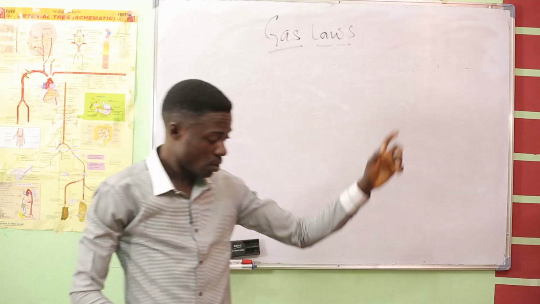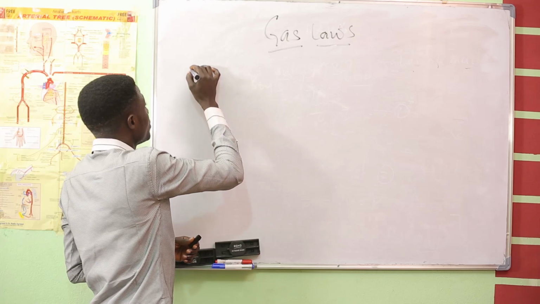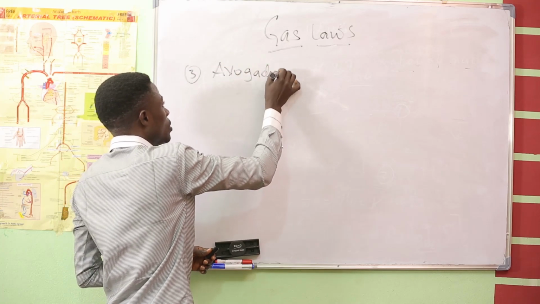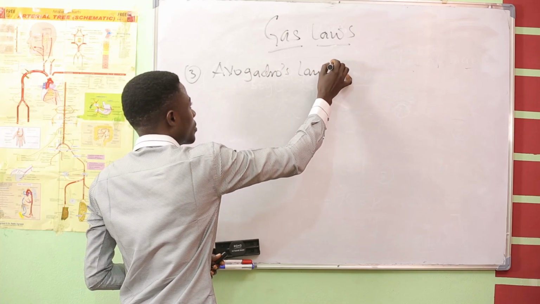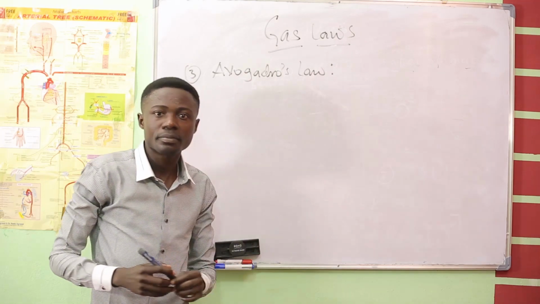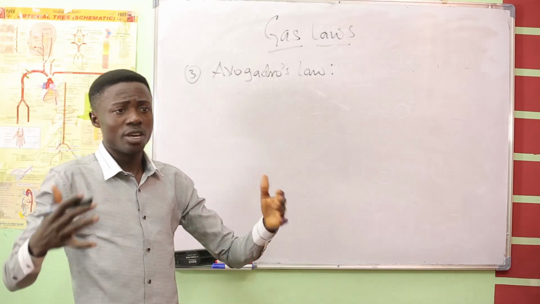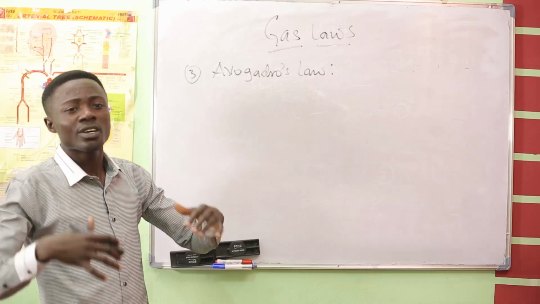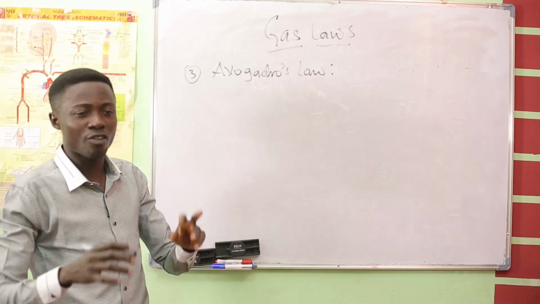Now, we will look at the next law, number 3, which is Avogadro's law. Avogadro's law states that equal volumes of all gases under the same temperature and pressure contain the same number of molecules, or number of moles.